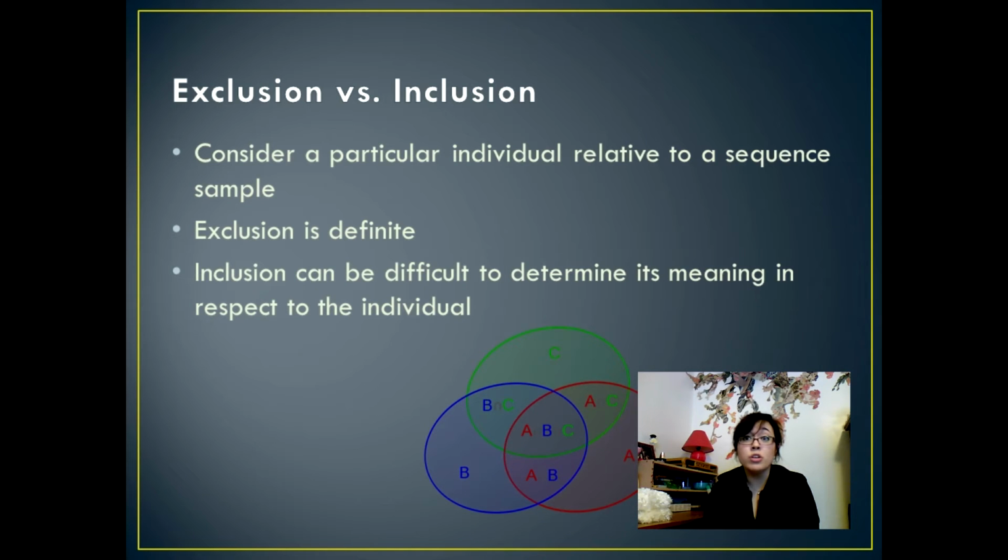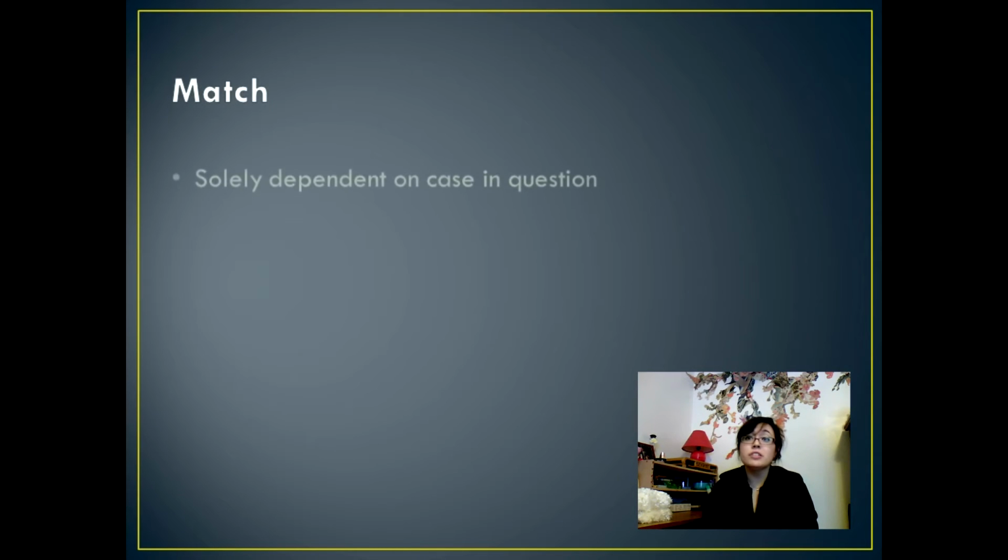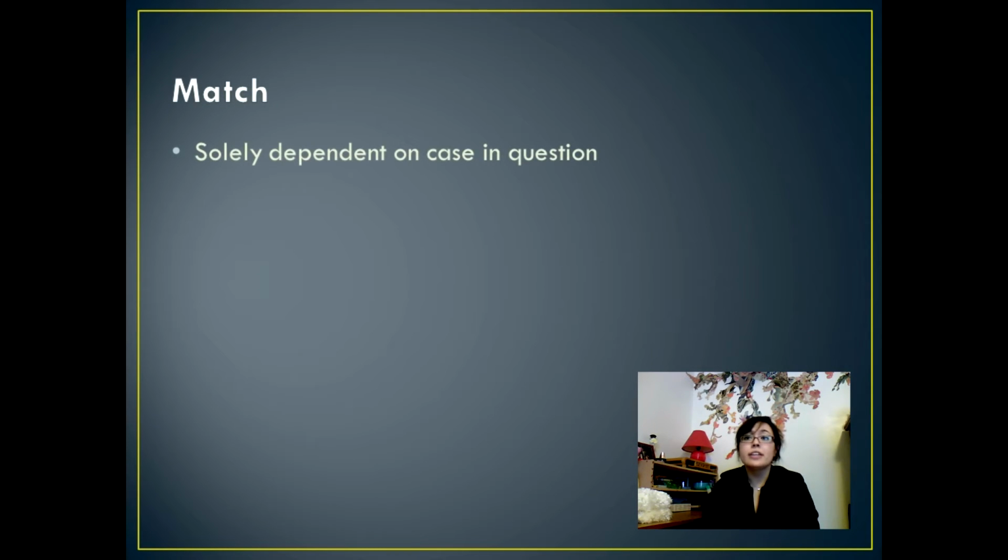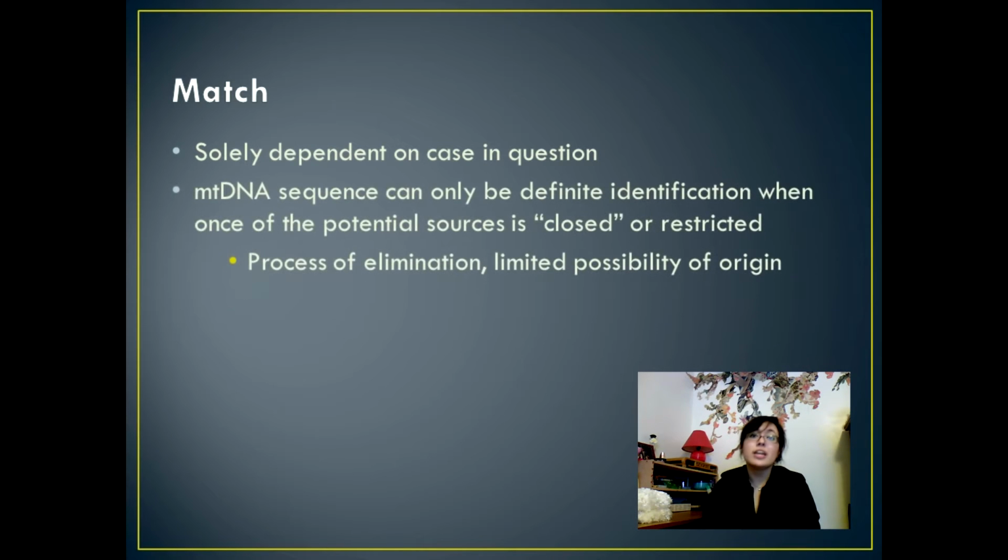This brings us to the question, what is a match? The significance of a match is solely dependent on the case in question. The mtDNA sequence can only be considered a definite match if the potential sources are limited or restricted in some way.